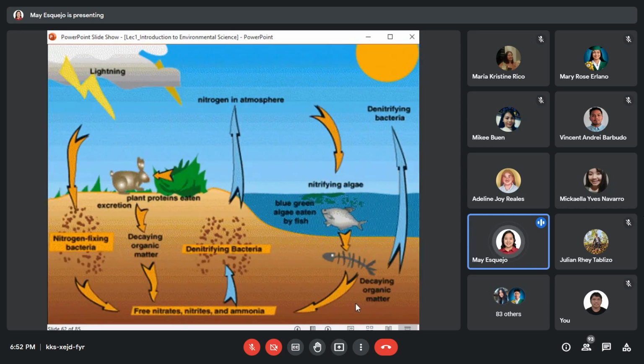Okay, so this is an example of the nitrogen cycle. Lahat naman yan napagdaanan natin sa mga early science subjects natin before. So this is just a review of how it is really happening sa environment and bakit siya kailangan isama sa environmental science.